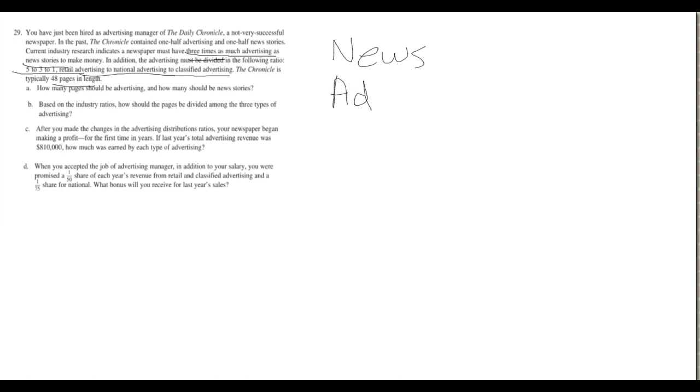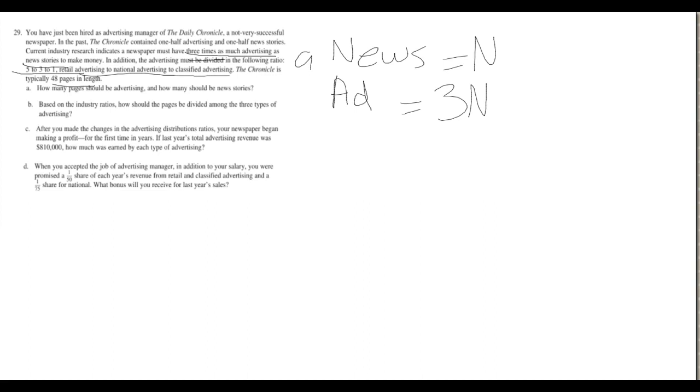So we have to have 3 times as much advertising as news stories. So if news is N, then the advertising has to be 3 times as much as that. So 3N. So this is for A.